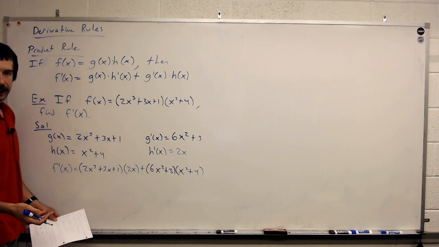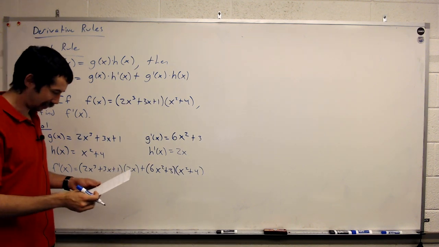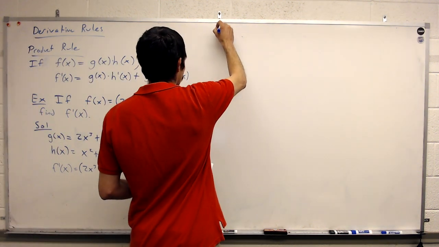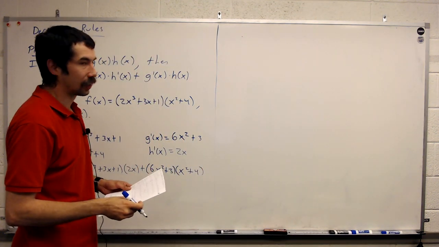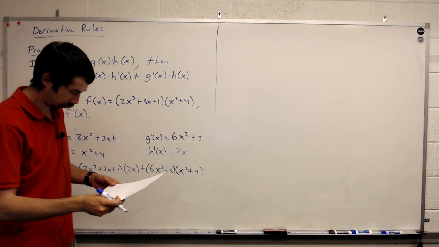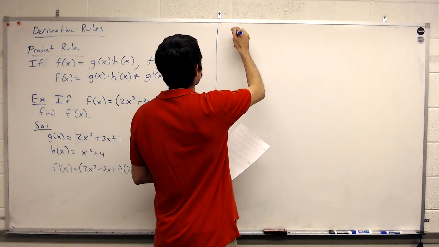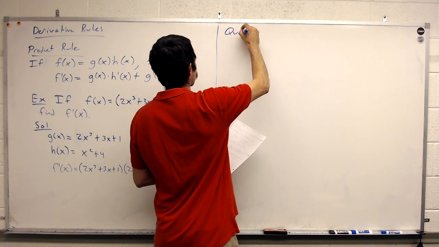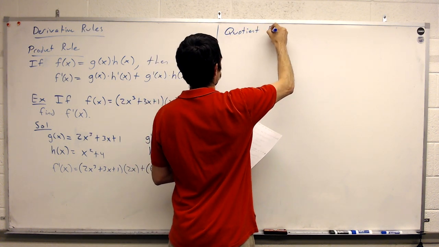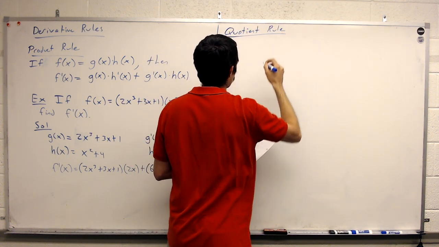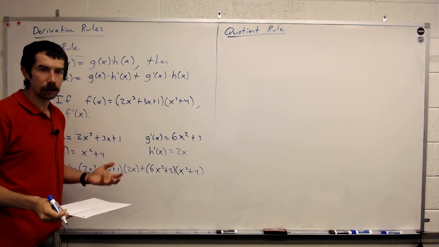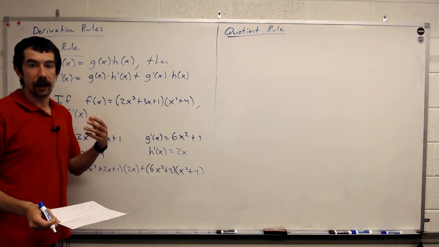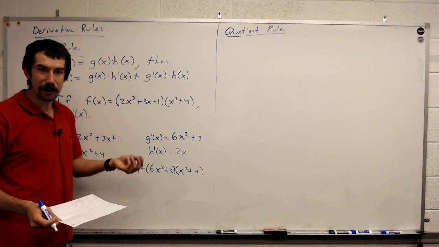So that's how you take the derivative of a product. Let's now take a look at the quotient. All right, so the quotient rule is going to tell us how to take the derivative of, well, you guessed it, a quotient.